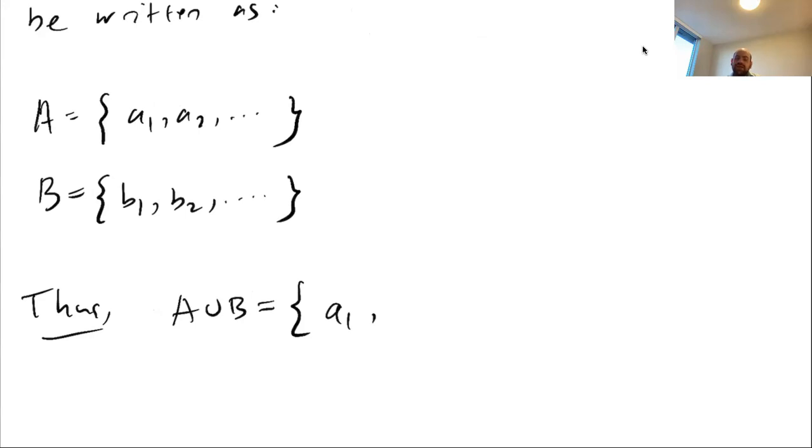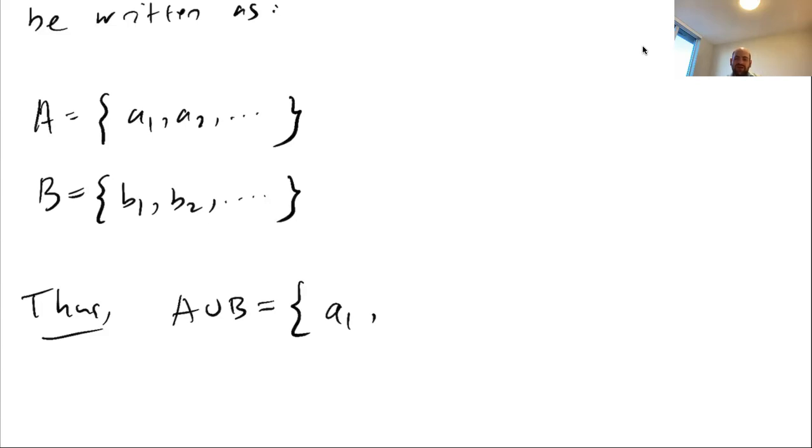Well, if I list A2 as the second element, A3 as the third element, and so on, then I would be in trouble, because A is not a finite set. So when can I list B1? Is it going to be the 10th element, 50th element, 100th element? None of them, because A itself would continue forever.